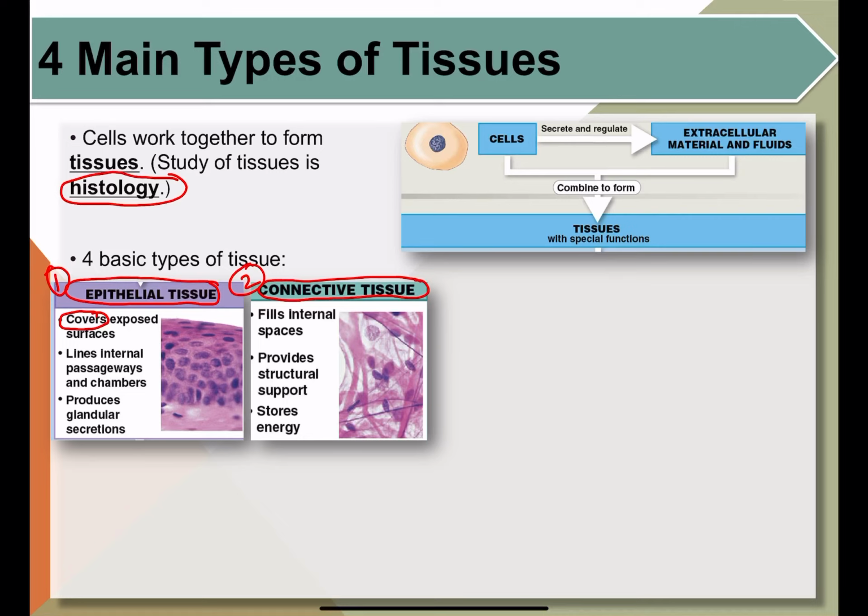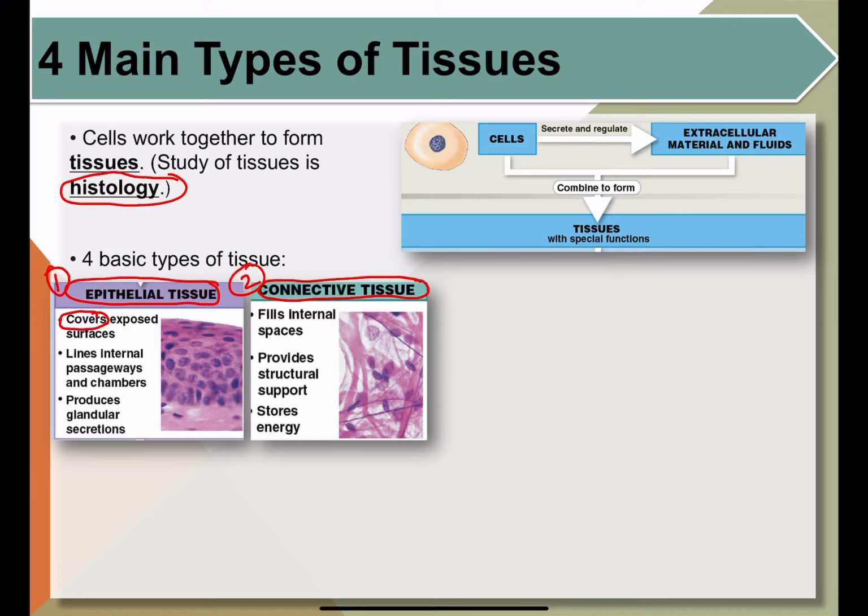They usually serve the purpose of filling internal spaces. I like to describe them as styrofoam nuggets in a shipment package. If you've ever received online orders in your mail, you see all those bubble wraps, those little styrofoam nuggets, the package material that stabilizes your important product. So in our body, we have our important organs, and connective tissue serves as that package material to stabilize our important organs and other tissues.